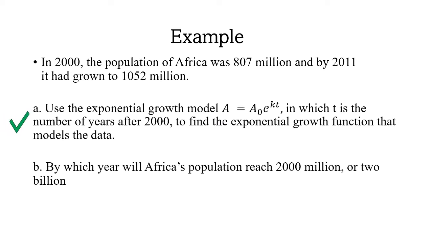Keep in mind we only solved the first part. Also keep in mind how we got the time: 2011 minus 2000, so the time elapsed is 11 years. Now we have the second part. We need to find in which year the population will become 2000 million.